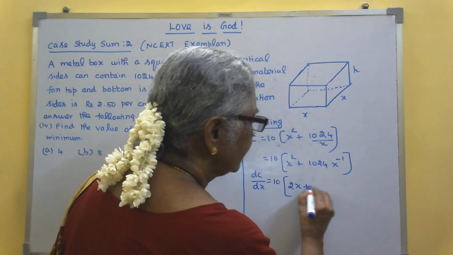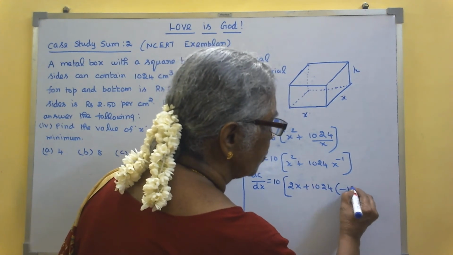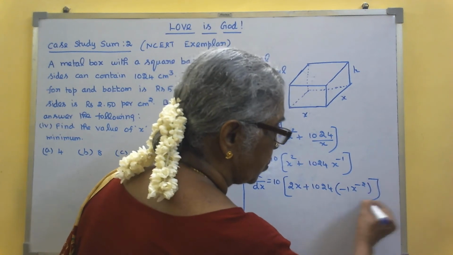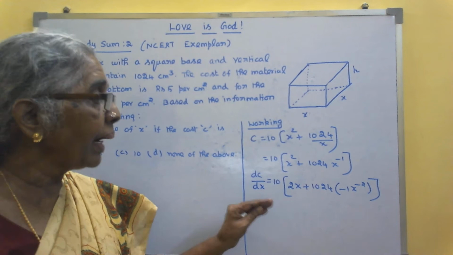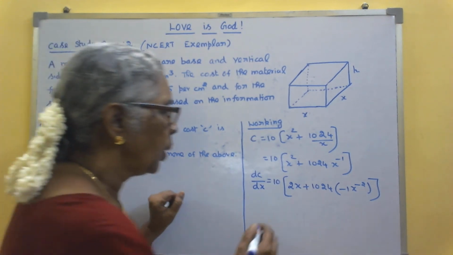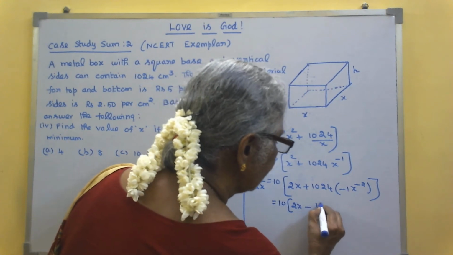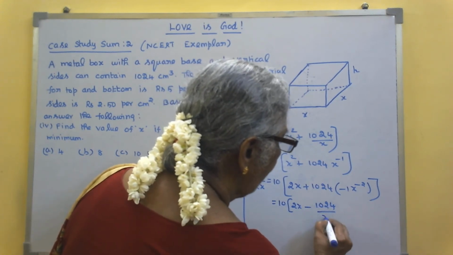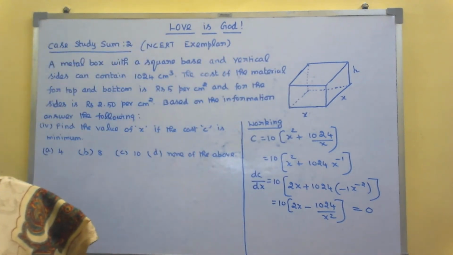Then plus 1024 into x power minus 1. When you differentiate x power minus 1, you will be getting minus 1 x power minus 2. So let us write it properly: 10 into 2x minus 1024 by x squared, equated to 0, because the first derivative is 0.